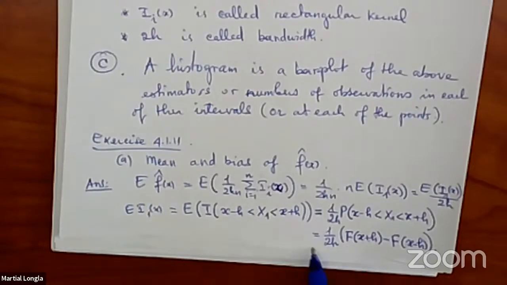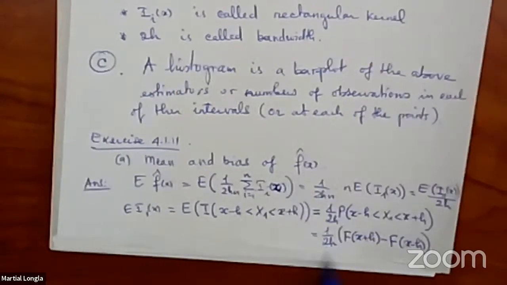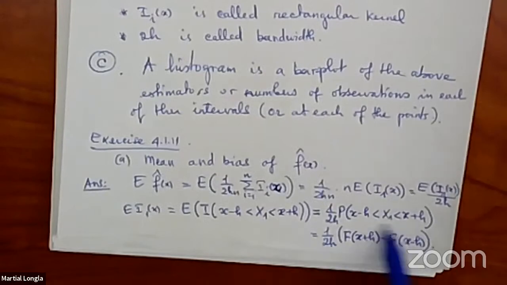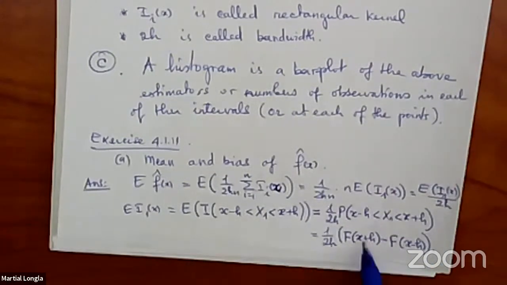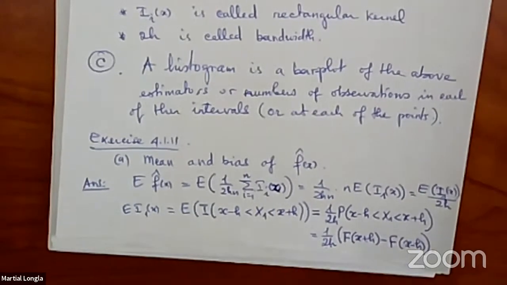In the limit, when h goes to 0, and that's why I was saying we need h to be small, this formula gives you the derivative of F of x, which is little f of x.